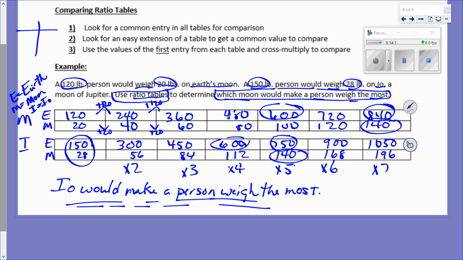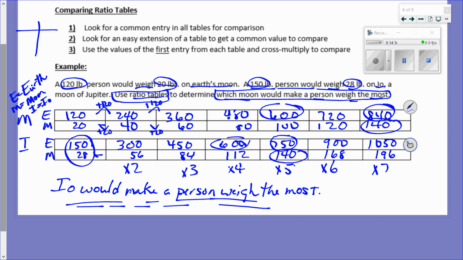But here's the problem I'm having with your analysis. Was I using the same number? Right. So there I can see where you're saying I got there quicker, but I'm using a bigger number, so I'm going to get there quicker. But how does that reflect the weight of that person on Io? Because I started with a different number.